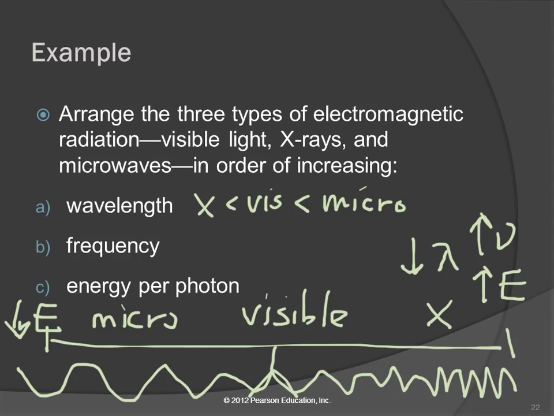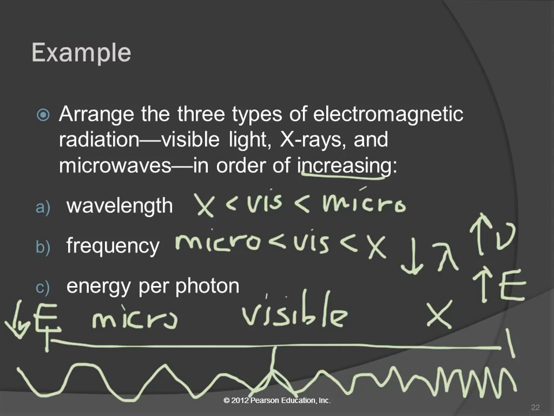It's asking for increasing, so smallest first. How about frequency? That's going to be the opposite, right? Because a long wavelength, big wavelength, is going to be a low frequency. So I can take that one and just flip it around. So microwaves, and then visible, and then X-rays.